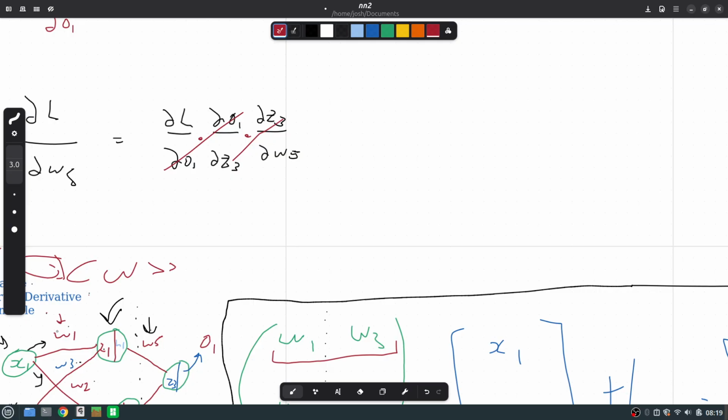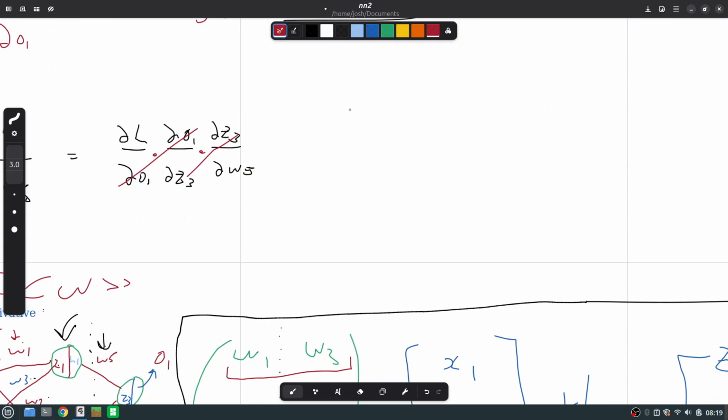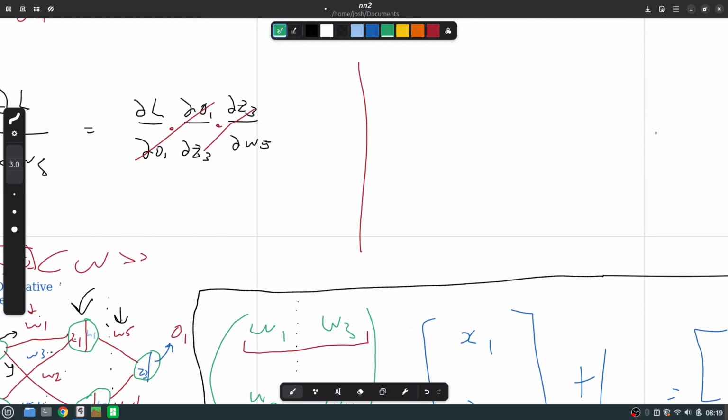Well, you start at W1. You start with the retrograde analysis I was telling you about. Let me switch to green. And so you're going to say, a small change in W1, what's going to happen? A small change in W1 will affect a small change in Z1. And then a small change in Z1, what does that affect? Affects a small change in H1. And now a small change in H1, what does that affect?